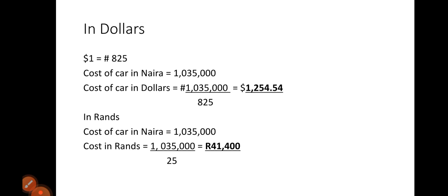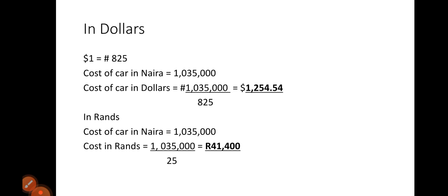It will give you $1,254.54. This cent is like their own kobo. So what costs almost a million naira here, if we take it there, will not even be up to 2,000. That means that currency is higher than this other currency.